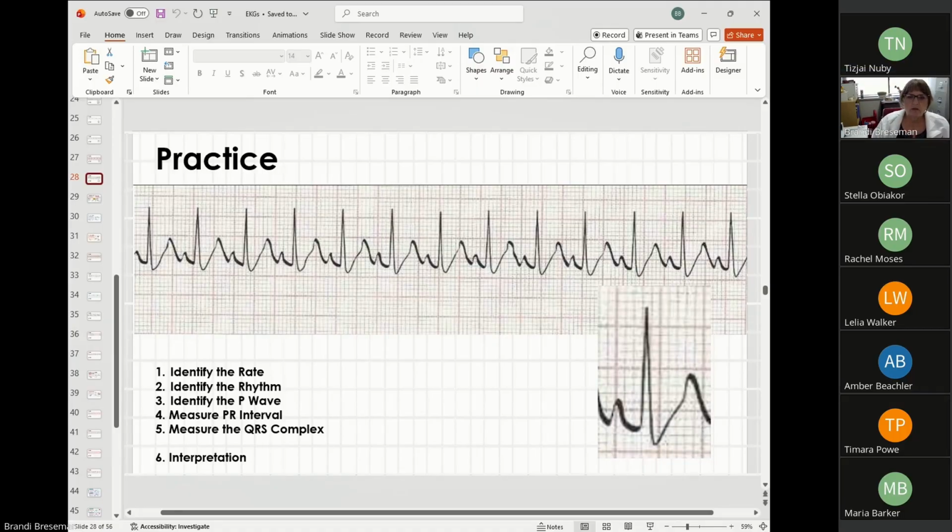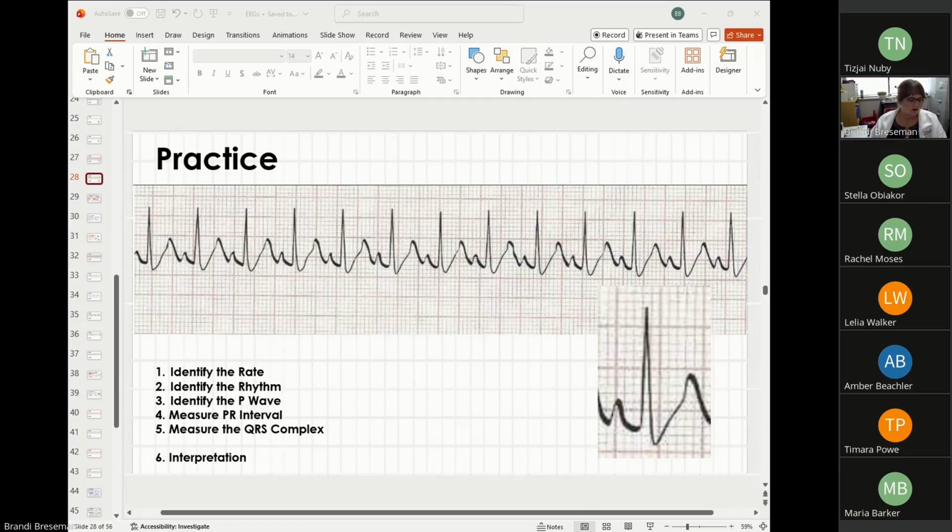QRS complex, I got 0.10. Anybody have any problems with that? Okay. So again, go back and look at what causes this, when and how we treat it, and what those signs and symptoms are.